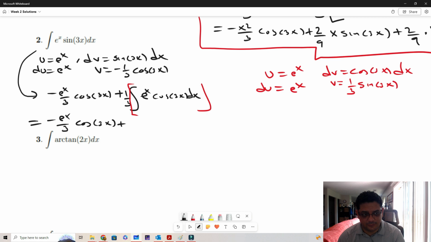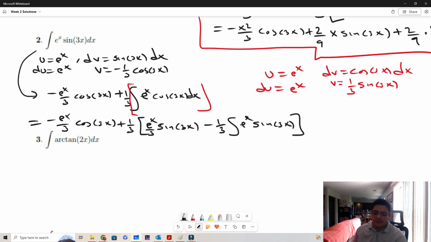This will be u times v, which is e to the x over 3 sine of 3x. That will be the u times v. And now minus the integral of v du. But v du will be 1/3 of the integral of e to the x sine of 3x.